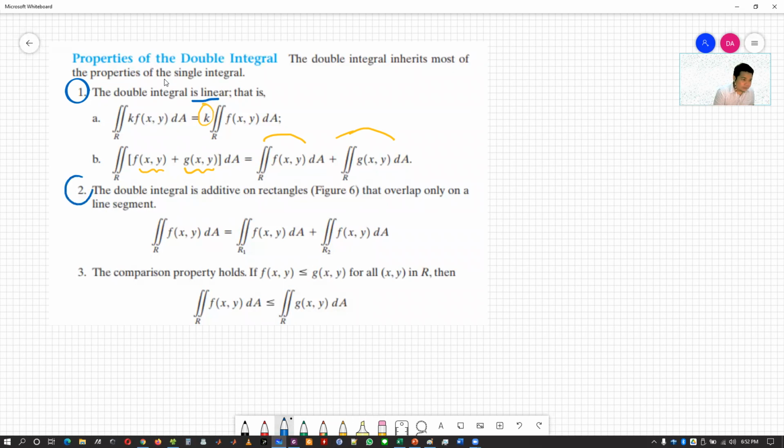What is the second property of the double integral? The double integral is additive on rectangles that overlap only on a line segment. For example, I will try to illustrate it in 1D.